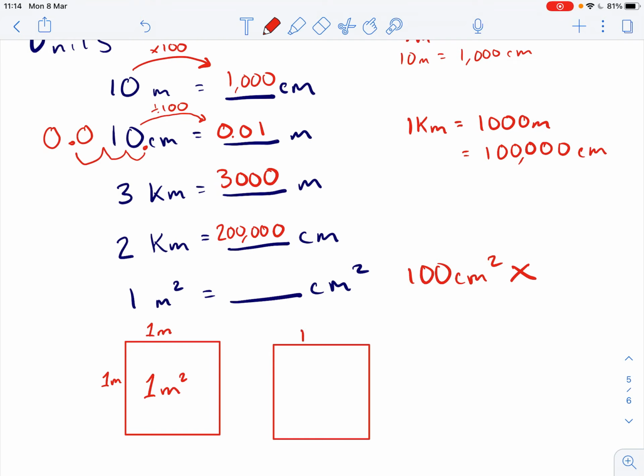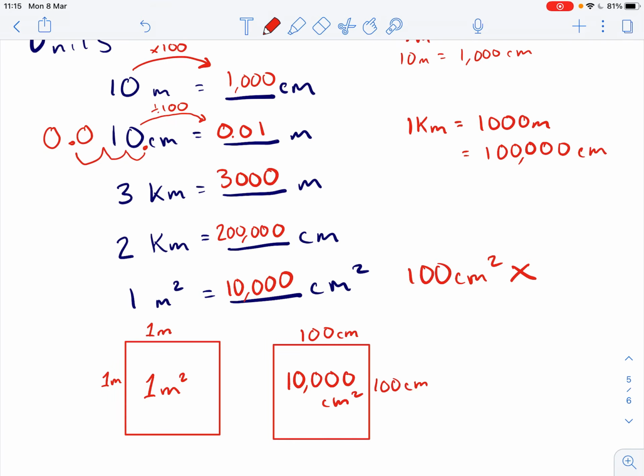But if I write this in centimeters, so 100 centimeters in a meter times 100 centimeters, what do we get? Not 100. We get 1 followed by 4 zeros. 10,000 centimeters squared. And this often catches people out.